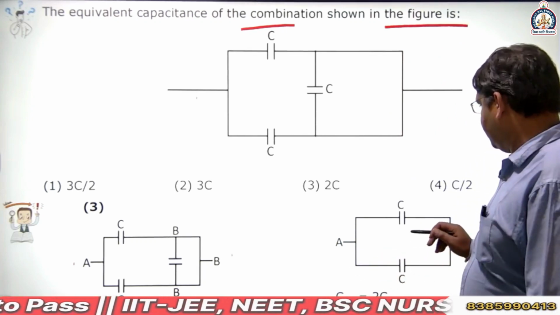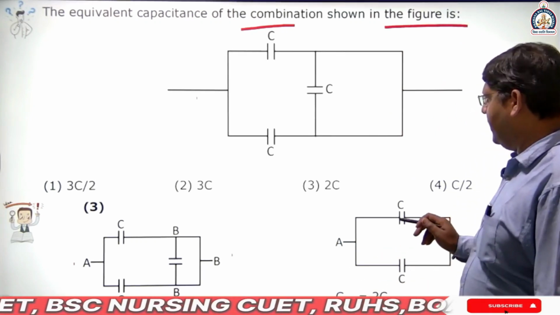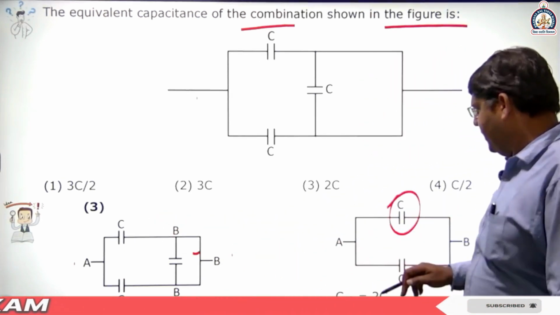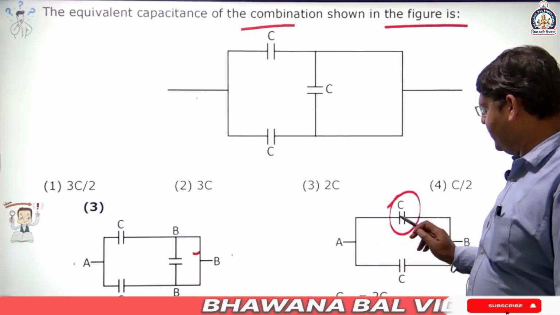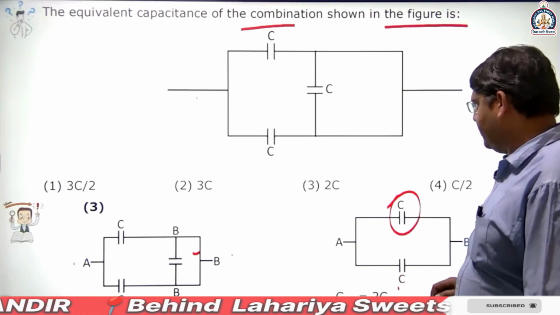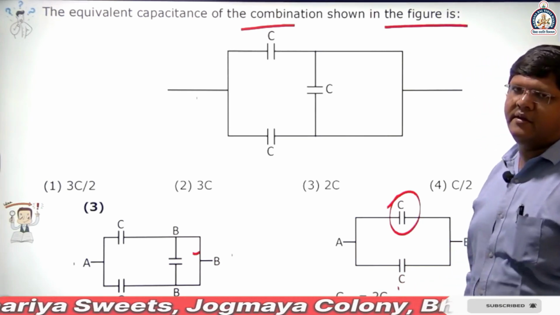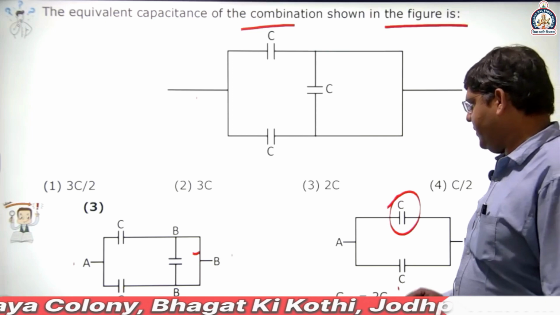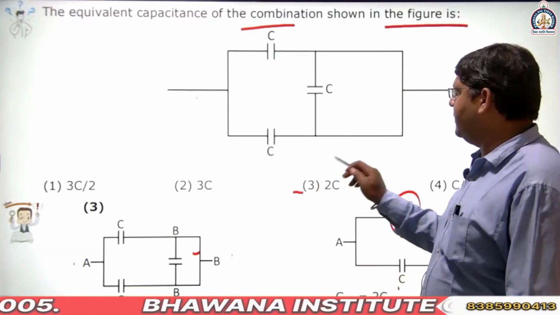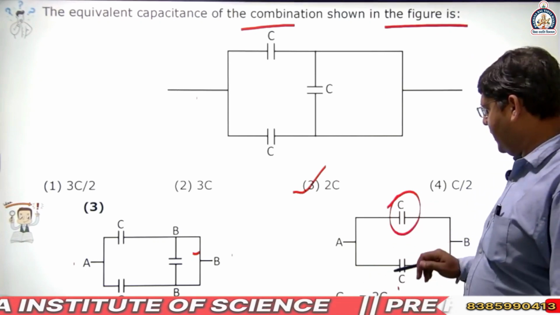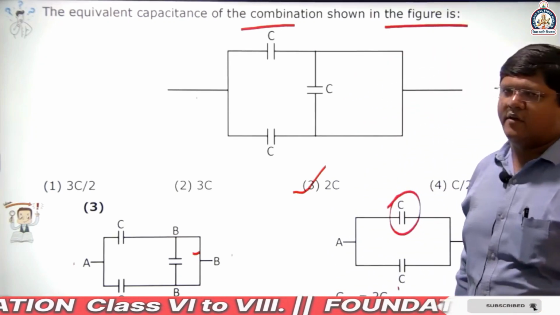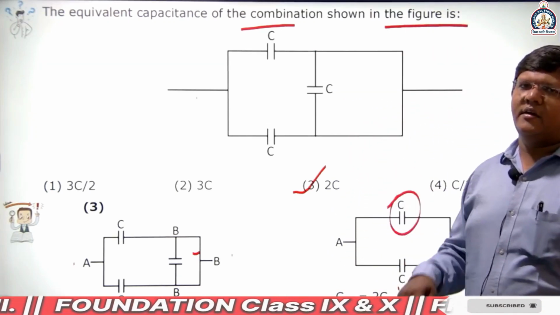So the resultant capacitance of this and this will be 2C. The required answer for this is 2C. These both are in parallel combination. For parallel capacitors, they add up directly, and for series combination it comes out to be C by 2.